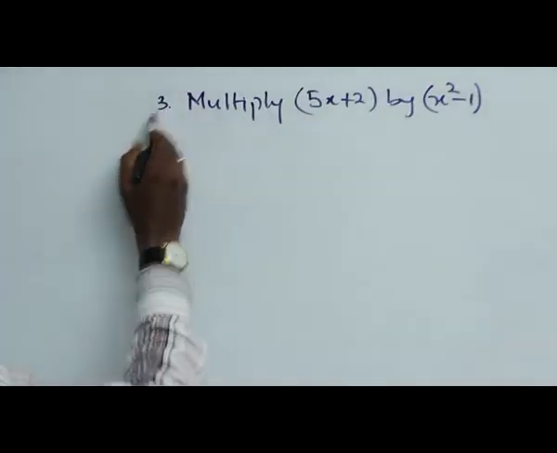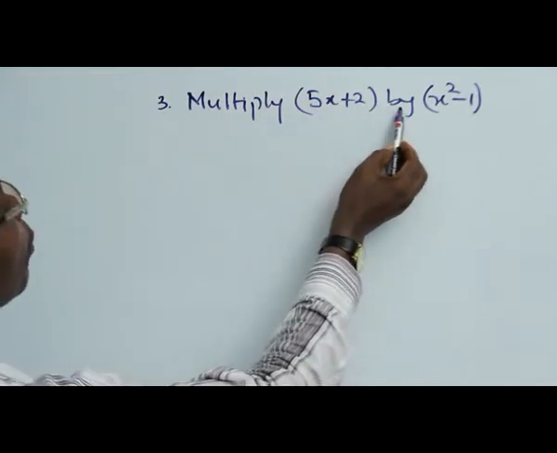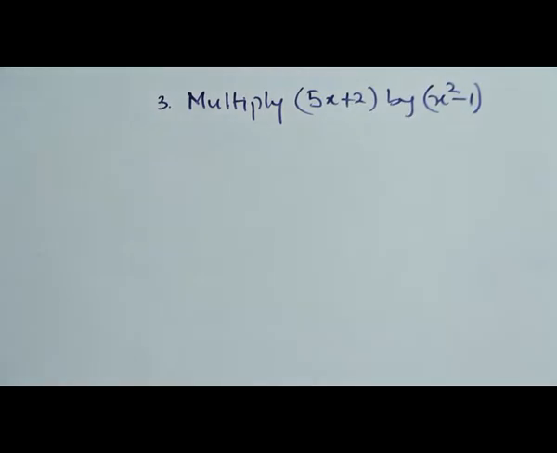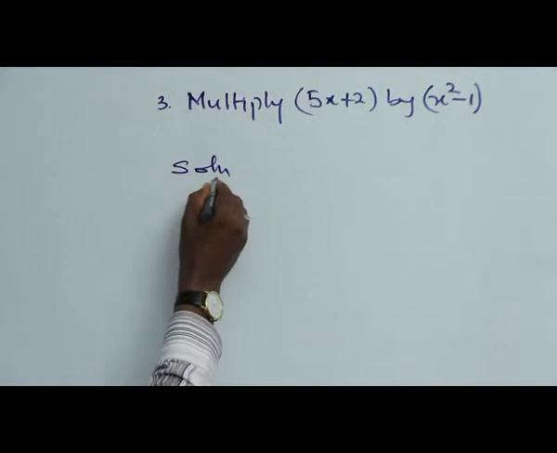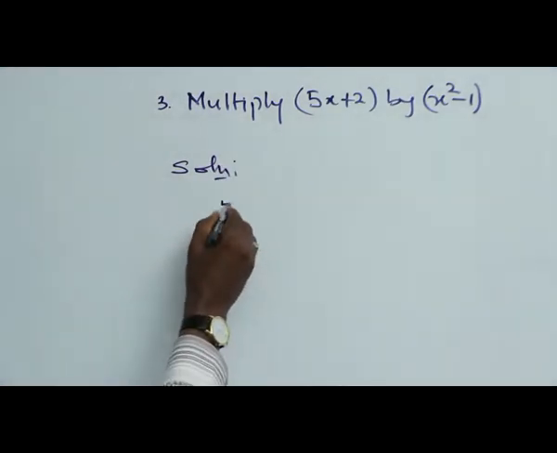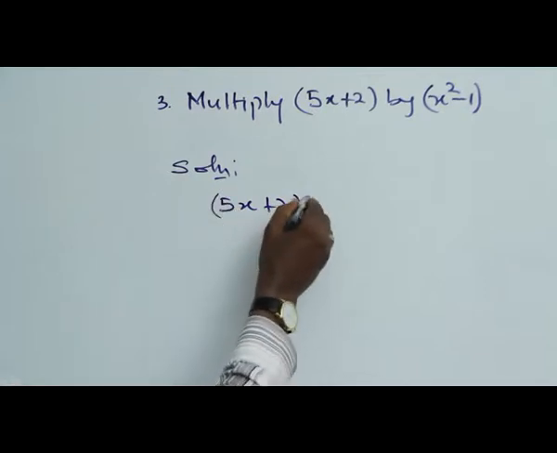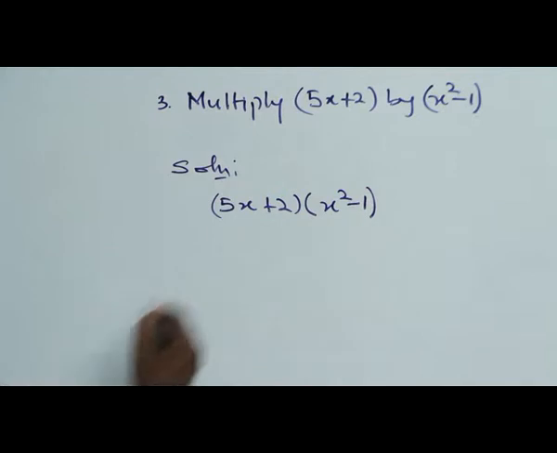Example number 3. Multiply 5s plus 2 by s squared minus 1, all in brackets. Solution. We have 5s plus 2 times s squared minus 1.